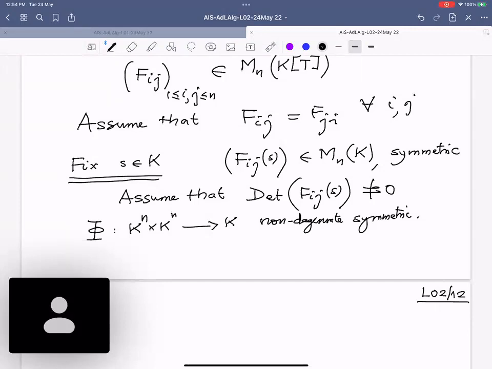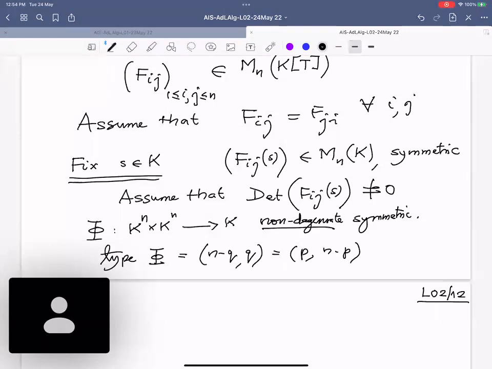Therefore, we have the type of phi. And the type of phi will look like n minus q comma q, because it is non-degenerate. Or you also can say it is p comma n minus p.